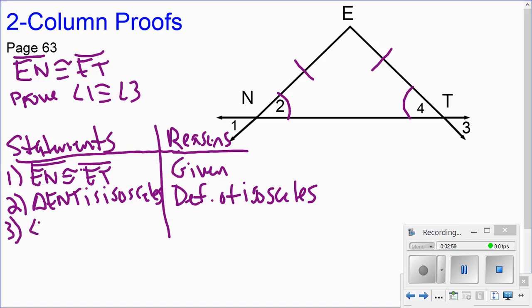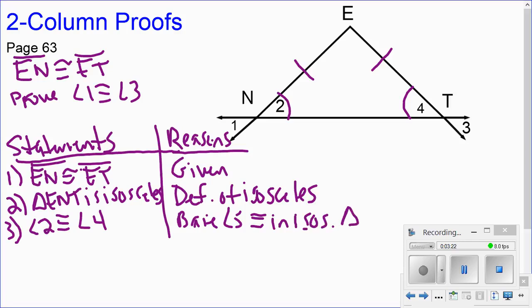So angle 2 is congruent to angle 4 because of, formally it's called the isosceles triangle theorem, but we can just say base angles congruent in isosceles triangle.